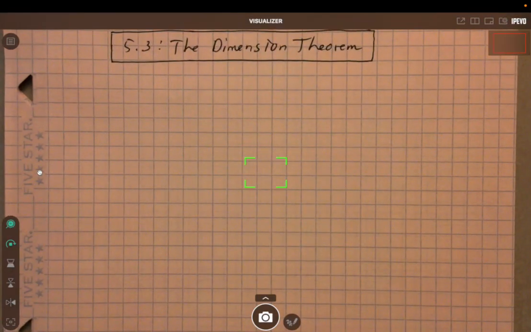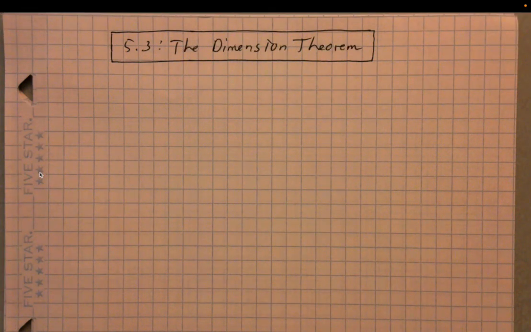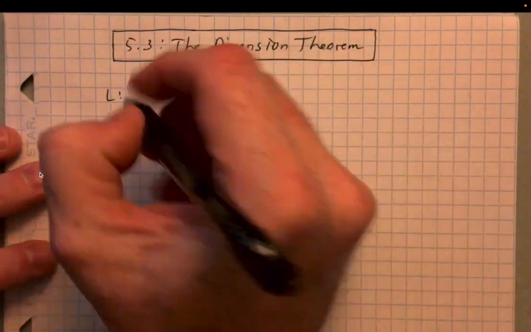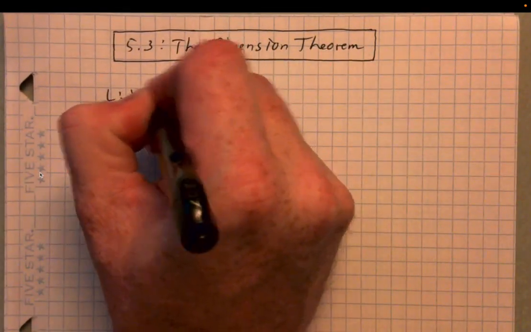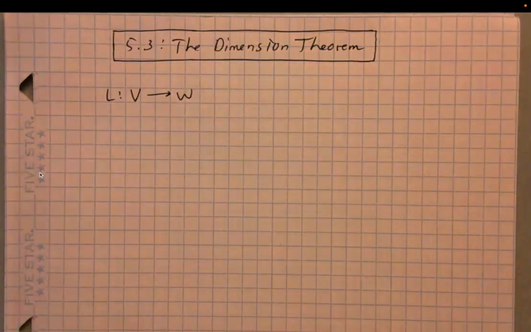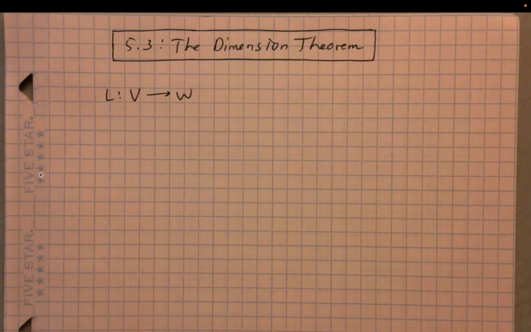And so what we're planning to do here is introduce two special subspaces. Given a linear transformation from a vector space V into a vector space W, we're going to introduce two special subspaces.